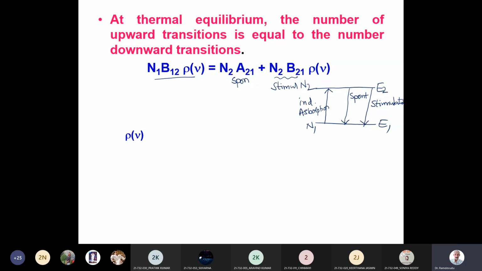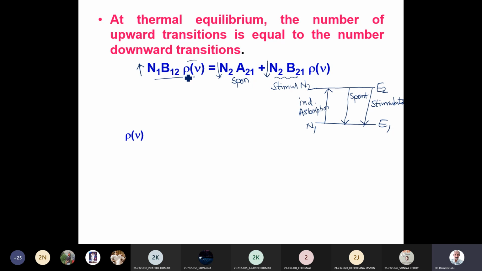Or 78 will fall and some others will not. Some of them will fall down because of spontaneous emission, some because of stimulated emission if you meet the requirements. That's why the upward transitions must be equal to downward transitions at equilibrium. So upward transition is only induced absorption, downward transitions are these.